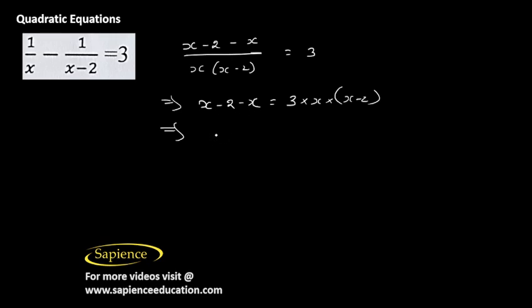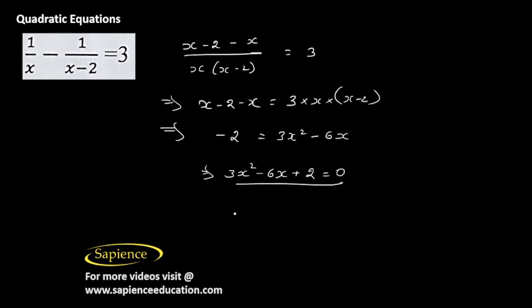X minus x is 0, so left hand side has only minus 2. Then we have 3x into x, so that is 3x square. Then we have 3x into minus 2, so that is minus 6x. Let's rearrange it by taking minus 2 to right hand side. We can write it as 3x square minus 6x plus 2 equal to 0. Now we got the standard form.